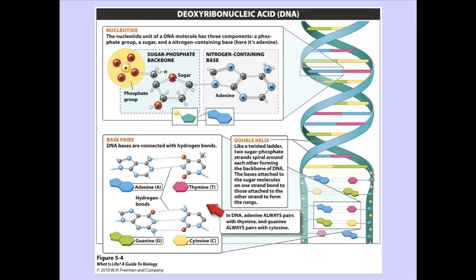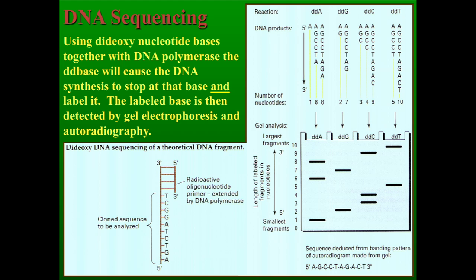And remember, as shown here from your chapter 5, that deoxyribonucleic acid, DNA, consists of these base pairs designated A's, T's, G's, and C's. A's always pair with T's, G's always pair with C's, no matter what side of the helix that they're on.